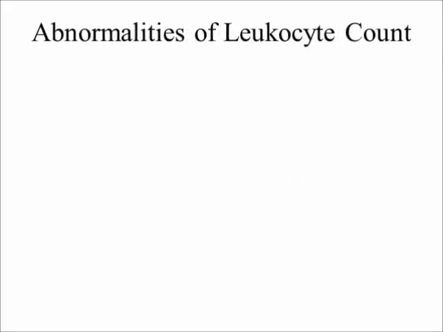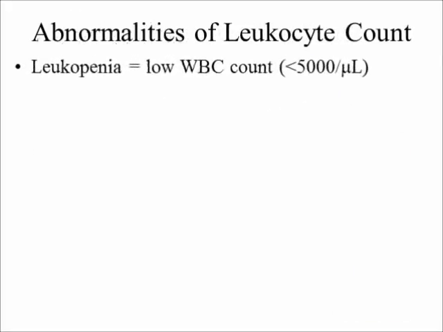The abnormalities, you guys have heard some of these already. Probably not this one. Leukopenia is basically a word we use for a low white blood cell count. And basically the number up there, I'm not going to test numbers, but generally 5,000 per microliter or less.